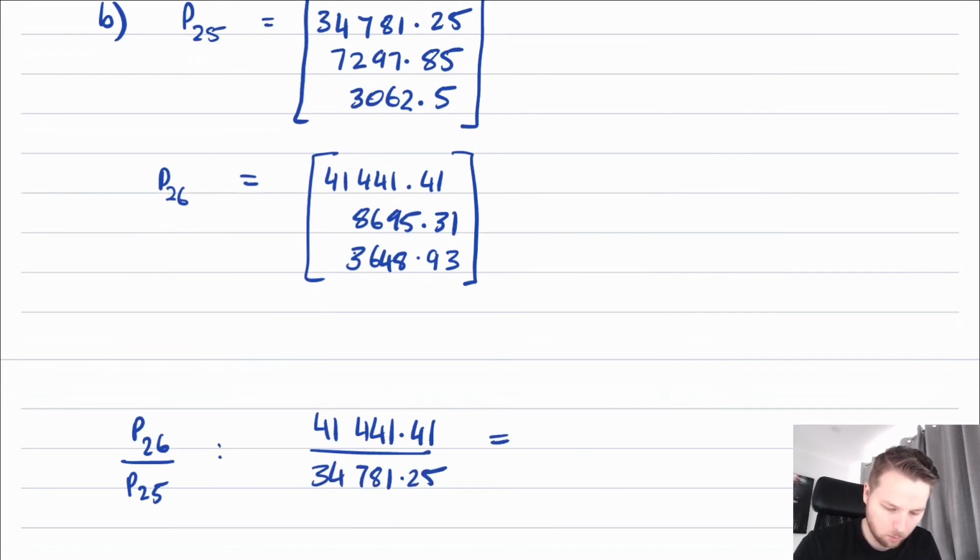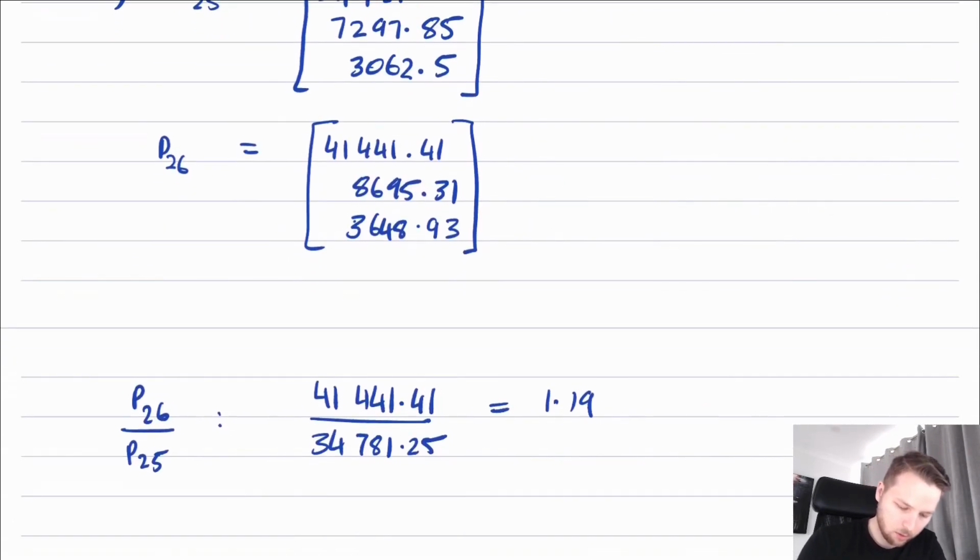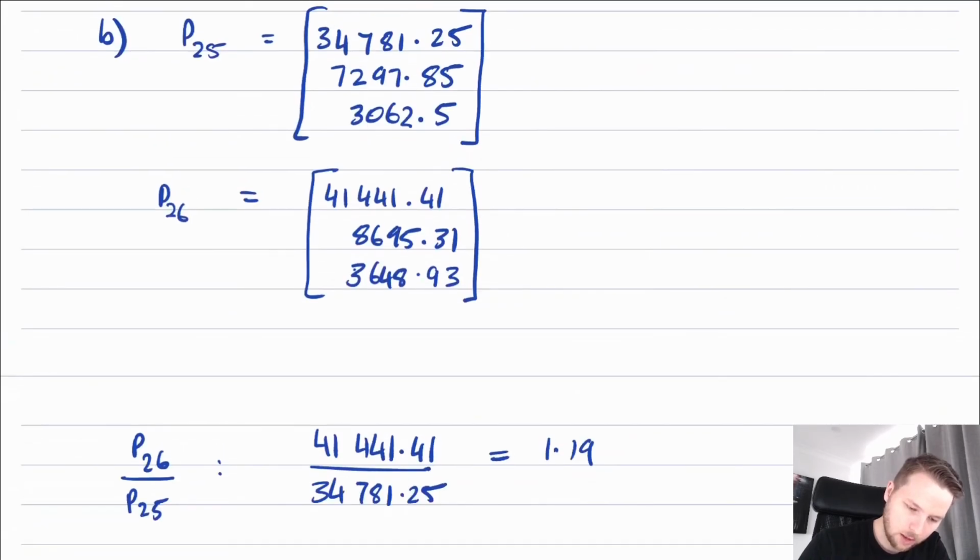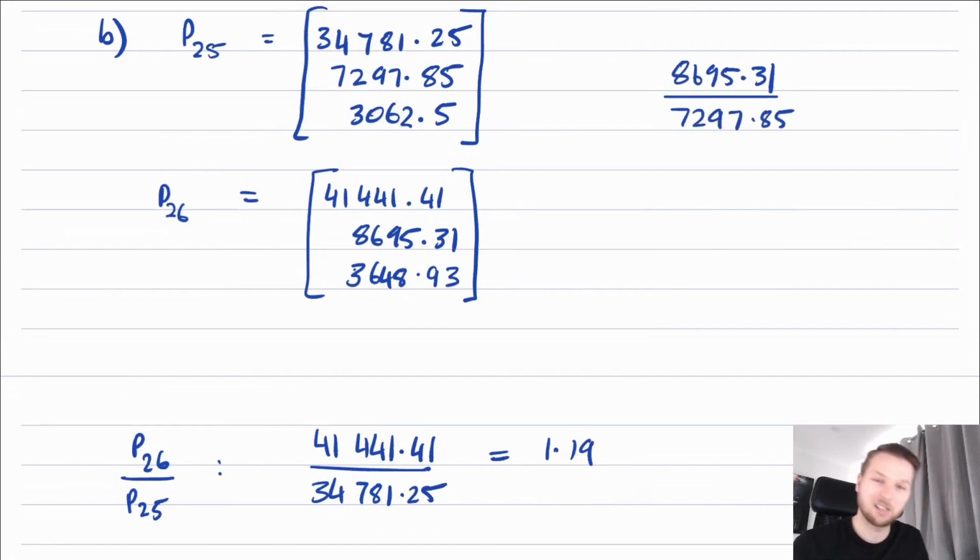That gives us about 1.19. Next, I'll do it up over here, 8695.31 divided by 7297.85. So this is the second age range now. That's going to give us, again, 1.19.